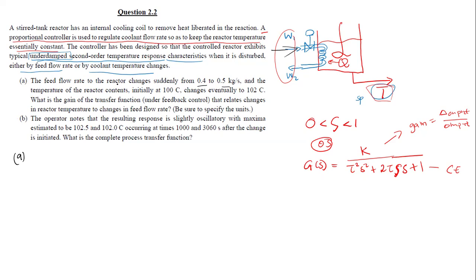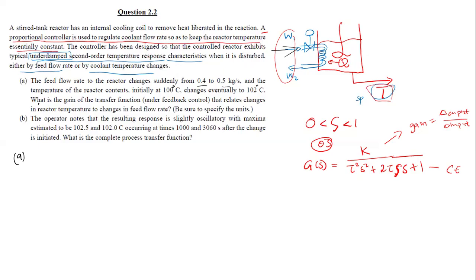So we are changing the input. If you still remember, the flow rate is our input. And the temperature of the reactor contents, initially at 100 degrees Celsius, changes eventually to 102 degrees Celsius. So here again, we are talking about the change in temperature that is leaving, right? So that will be our output.